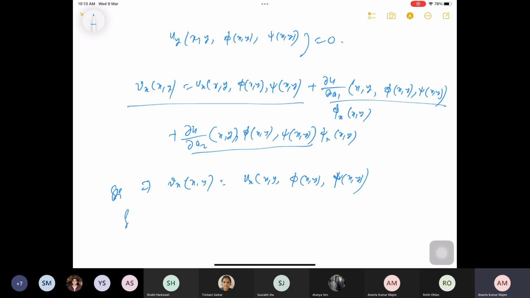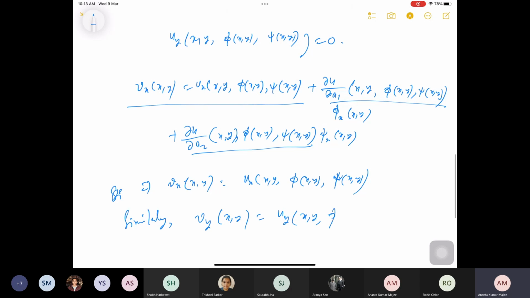And similarly, I can have v_y of x,y, which is u_y of x,y, p(x,y) and then psi(x,y).